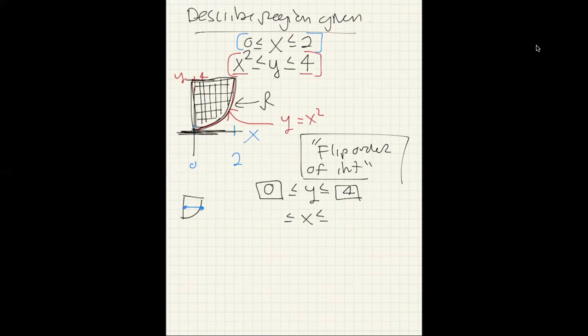And remember, this curve is y equals x squared, which is the same thing as x equals root y. So the lowest x value is 0, and my biggest x out here is root y.